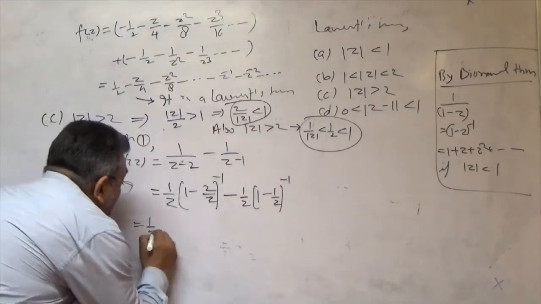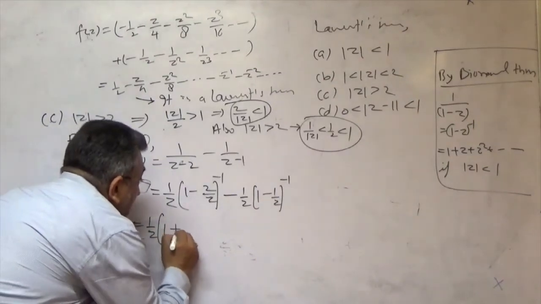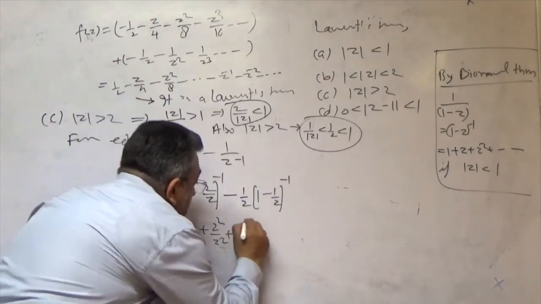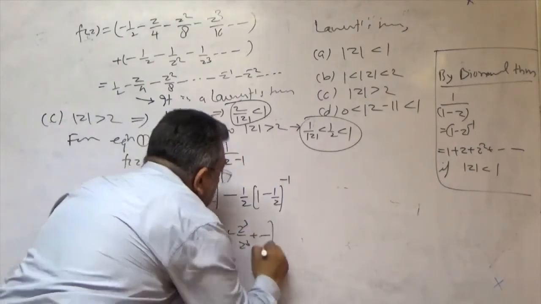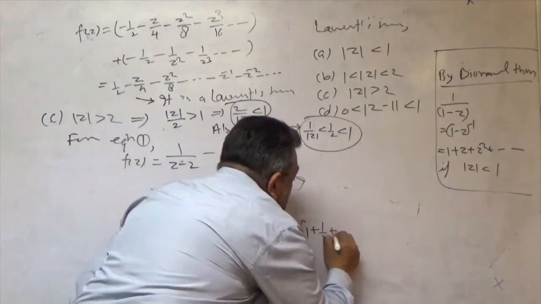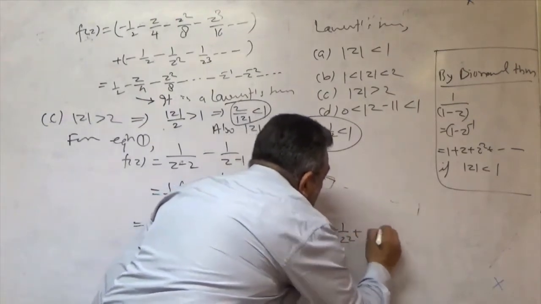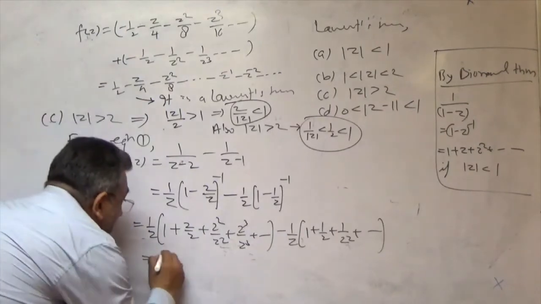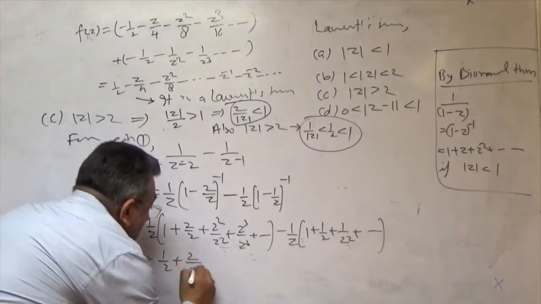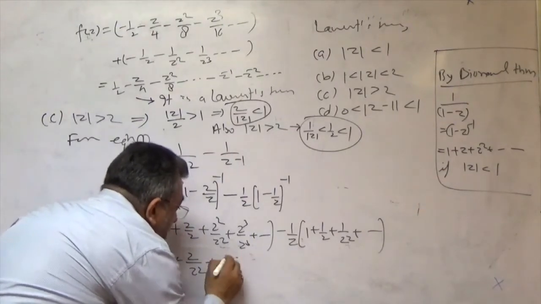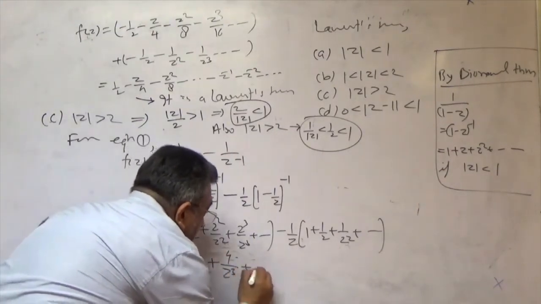Again, by binomial theorem, this will be expanded as 1 plus 2 upon z plus 2 square upon z square plus 2 cube upon z cube, and from here, 1 plus 1 by z plus 1 by z square, and so on. Open the bracket, that is 1 by z plus 2 upon z square plus 2 square means 4 upon z cube, and so on.